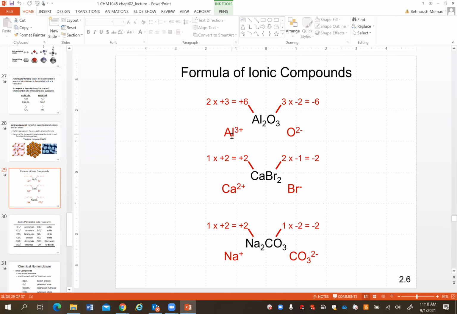If it was +3, it'd be because it has 3 more protons than electrons. Okay, so I'm trying to come up with that number. If I make my question more clear: how come aluminum has a 3+ charge and not a 4+ charge? What makes aluminum stable with the 3+ charge and no other number?